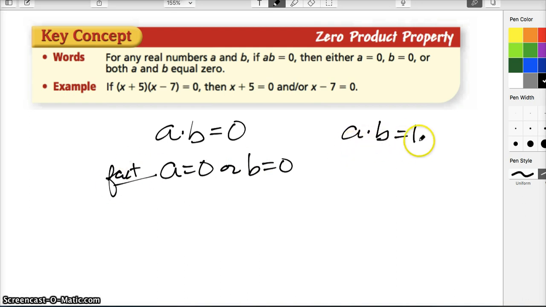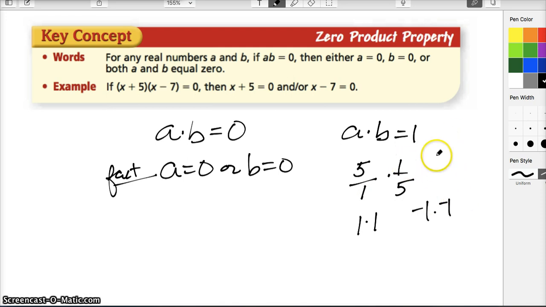Here, A times B equals 1, I couldn't tell you what's going on. I couldn't tell you if both were negative or both were positive. I couldn't tell you which one was a whole number and which one was a fraction. For instance, 5 over 1 could be A and 1 over 5 could be B, right? Or 1 times 1, or -1 times -1.